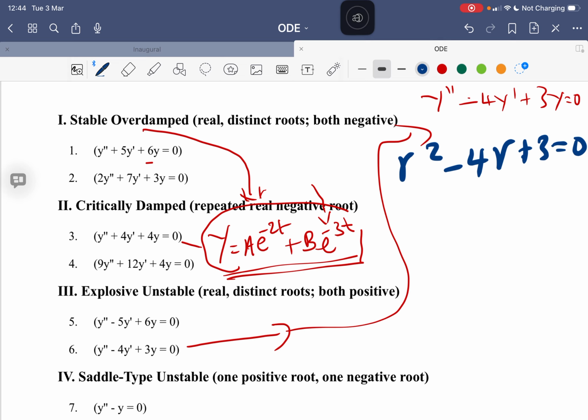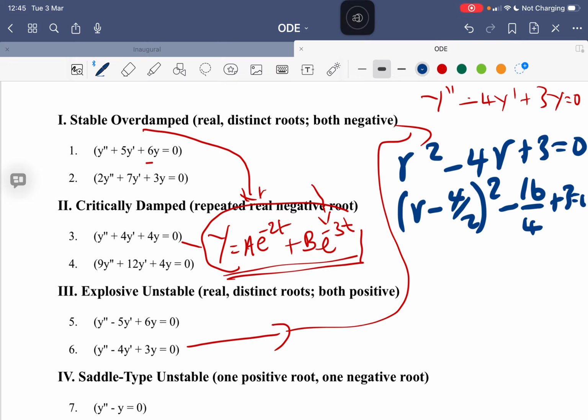So if we apply the same technique, we will now just say (r minus 4 over 2) squared minus 16 over 4 plus 3 equals 0.